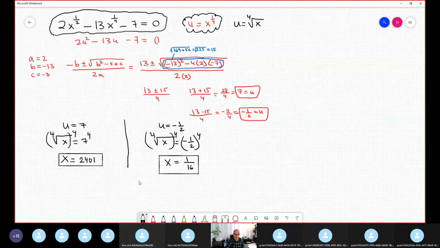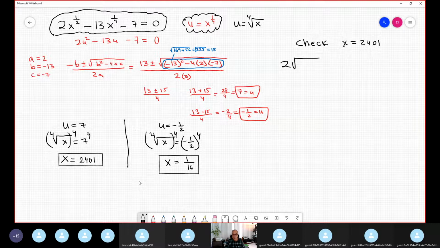Okay, so let me rewrite. Let me try to check for x equal to 2,401. I copy the original, but I copy using radical notation because I feel more comfortable with the radical notation than the fractional exponent.